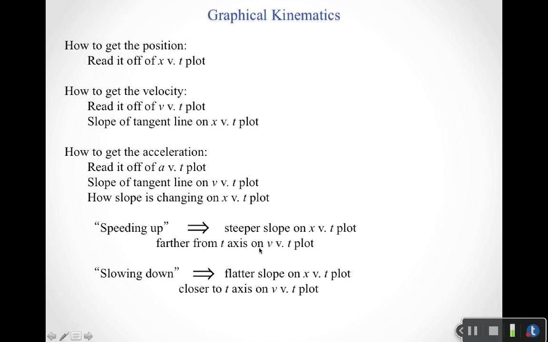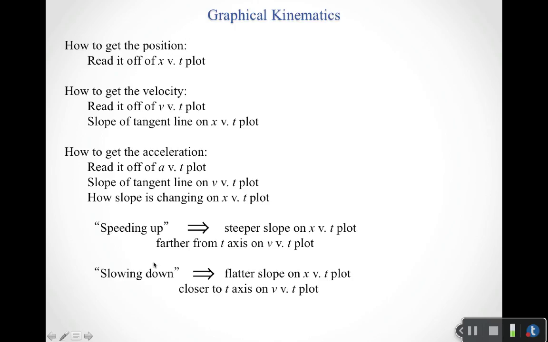Again, it doesn't matter whether you're moving away in the positive direction or the negative direction. In either case, your object is speeding up. Your object is slowing down when your slope is flattening out on a position versus time plot, or you're moving closer to the t-axis on a velocity versus time plot.